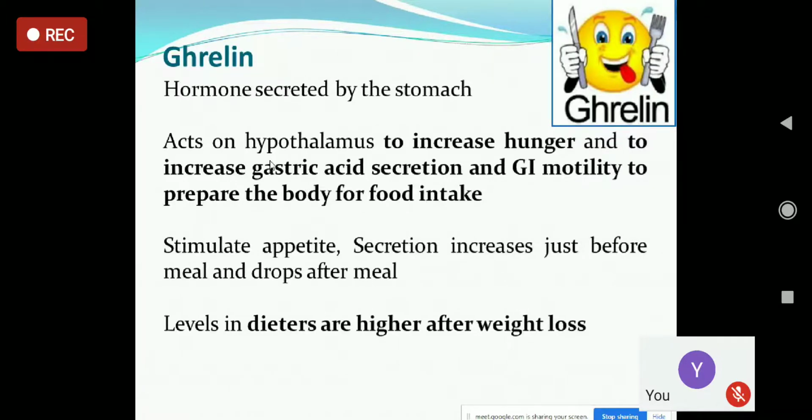This hormone stimulates appetite, and its secretion increases just before a meal and drops after a meal. The levels in dieters are higher after weight loss. So the body steps up ghrelin production in response to weight loss. When there is weight loss, more ghrelin is produced, which stimulates hunger.